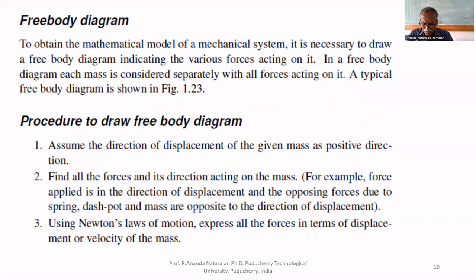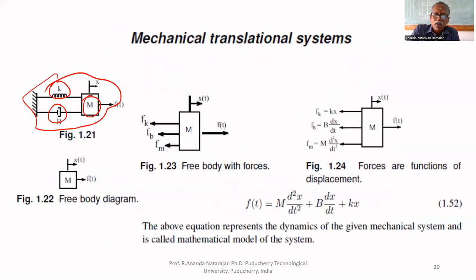Before obtaining the mathematical model, we have to draw the free body diagram. We know that if you apply some force, there will be a reaction force; the third law says so. Because the mass has a spring effect, there is Fk.